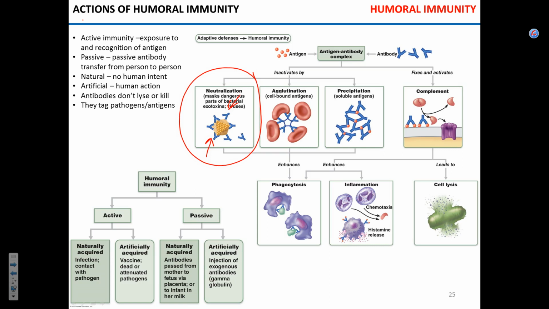This is called neutralization. So you see, the virus is completely surrounded by antibodies. And what can happen next is those antibodies will in turn be recognized by macrophage, and macrophage will destroy the virus. Or nothing. The virus is just surrounded, it cannot go anywhere. Does that make sense? It's like cloaked.